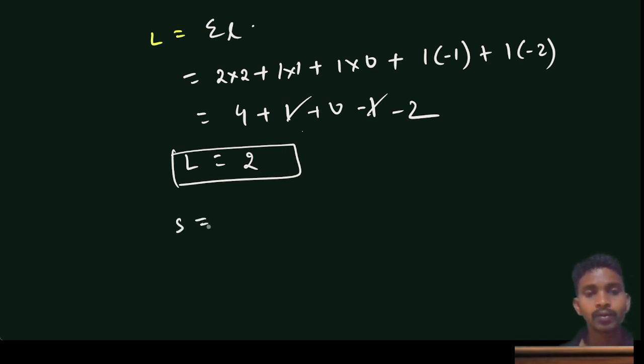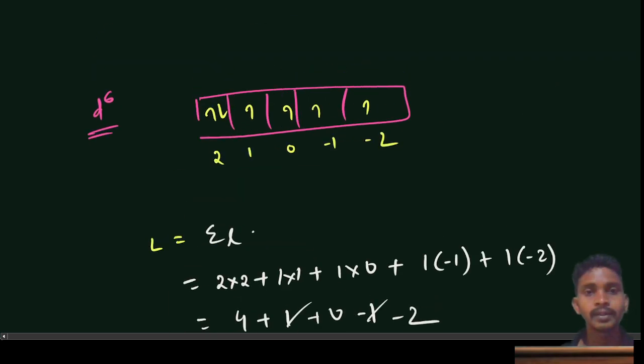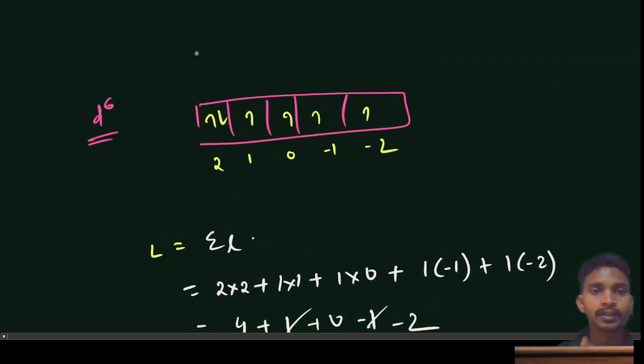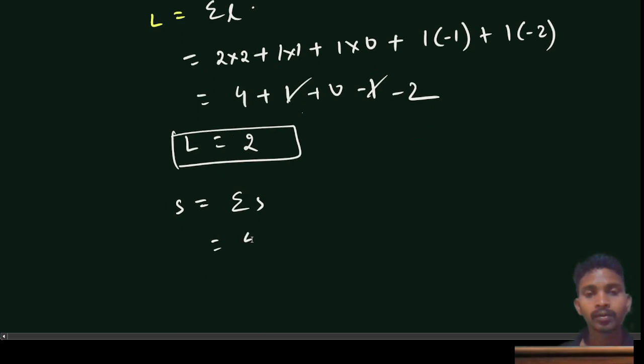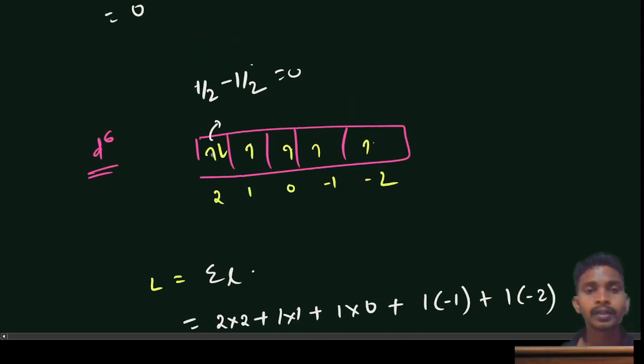Similarly, the S value: whenever one orbit is there, always do the summation of L values and the summation of S values. For the S value, this is half and this is minus half, so they will cancel out and we will not include them. The rest is 1 2 3 4, so 4 into half, that will be 2.